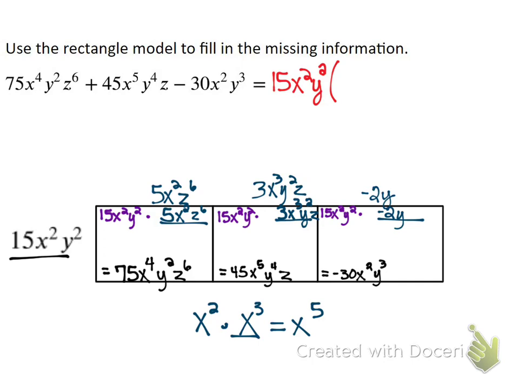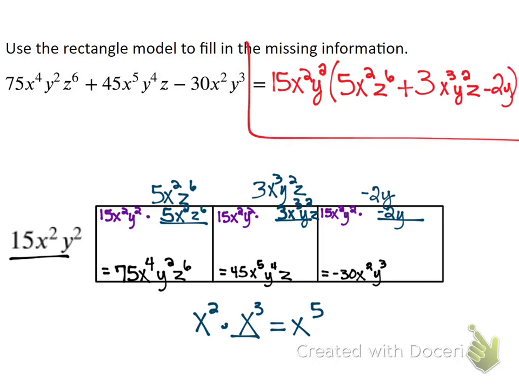So what's my lengths? 5x squared z to the 6th. Z carried times 6. Okay. And plus 3x to the third, y to the second, and z. Okay. Then minus 2y. Perfect. In parentheses. I'm going to box that because that's my final answer there.